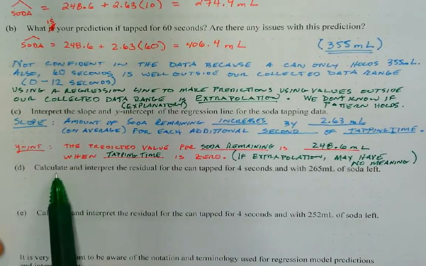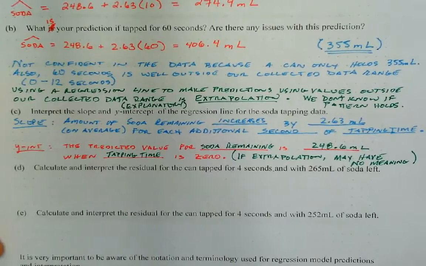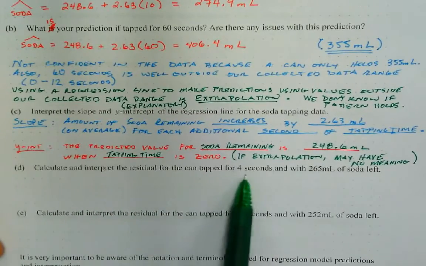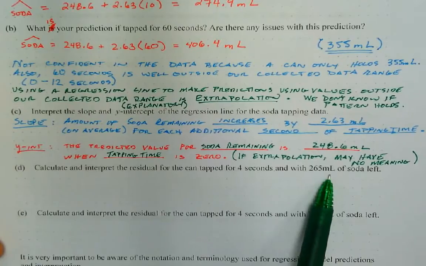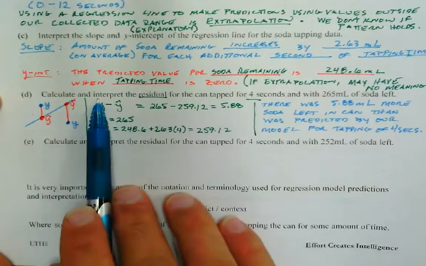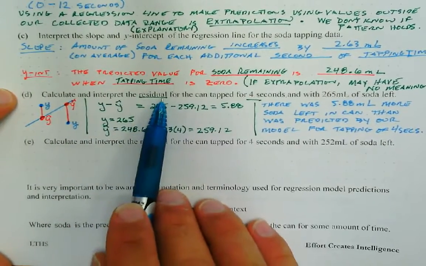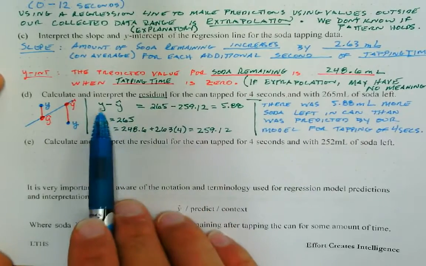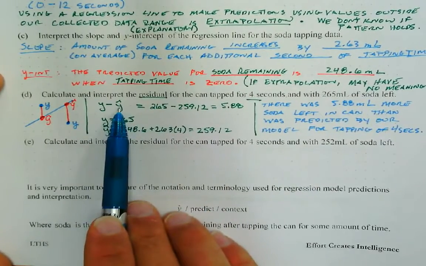So, another calculate and interpret. Let's calculate and interpret the residual for the can tapped for 4 seconds with 265 milliliters of soda left. The residual is y minus y hat. What does that represent?